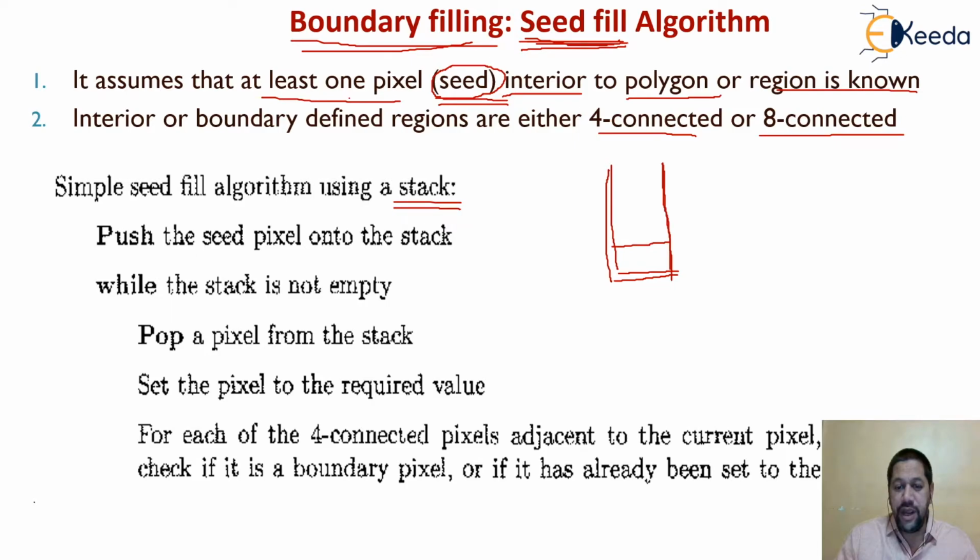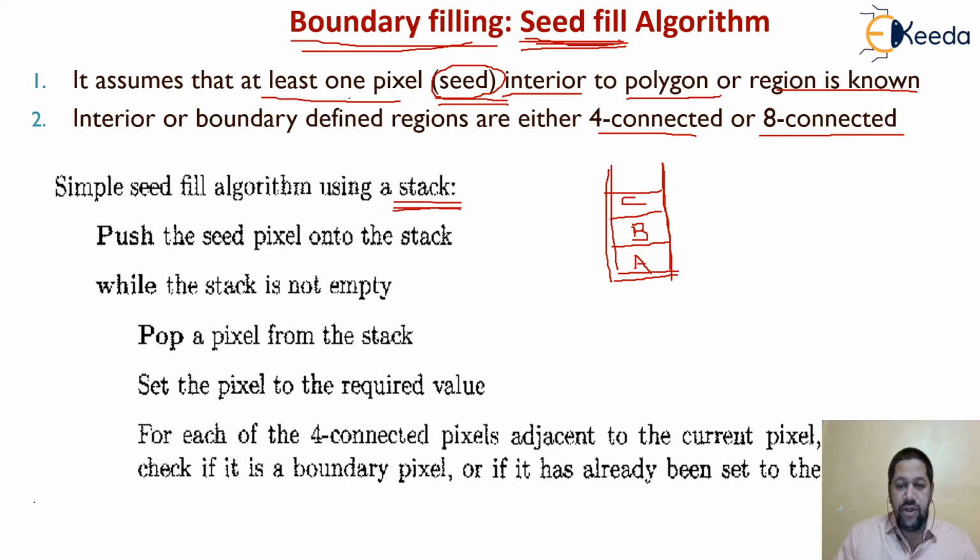Suppose I have inserted A first, after that B, then C. After inserting A, B, C, I cannot remove B and A until I remove C. The last inserted is C, and it goes out first. So this is called last in first out. We are going to implement using the stack.